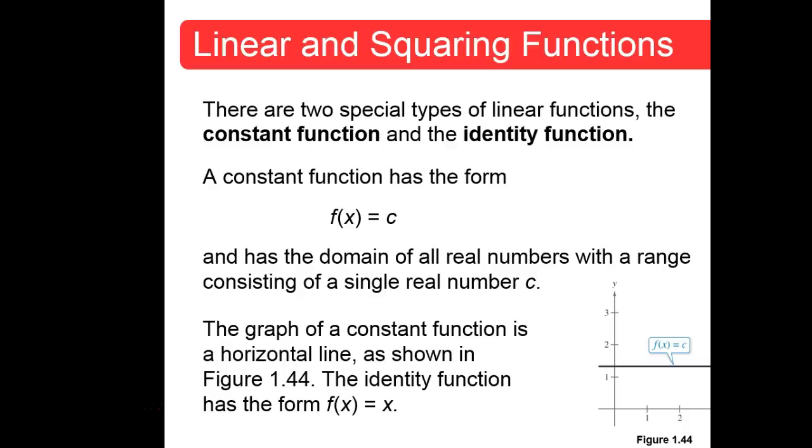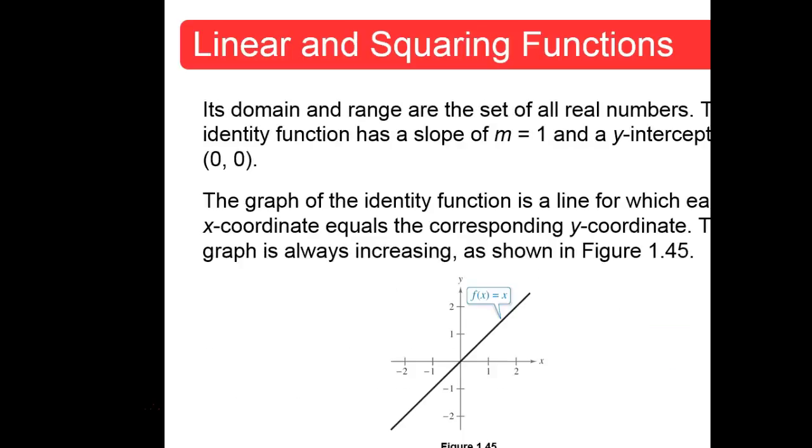Starting right here. The second type of these special linear functions is the identity function. Anyone want to make a guess of what that is? Not absolute value, that's a different function.